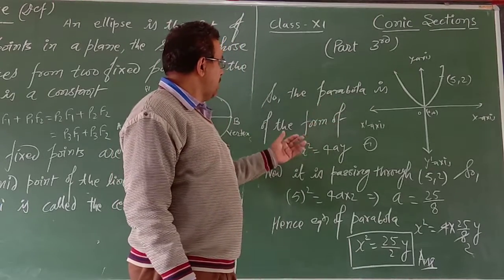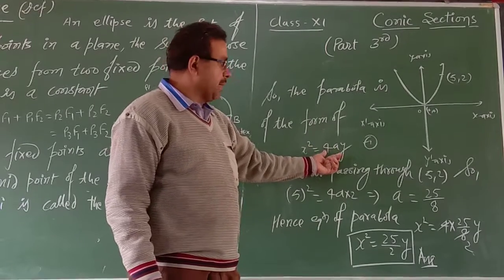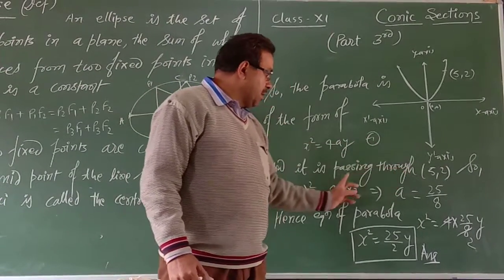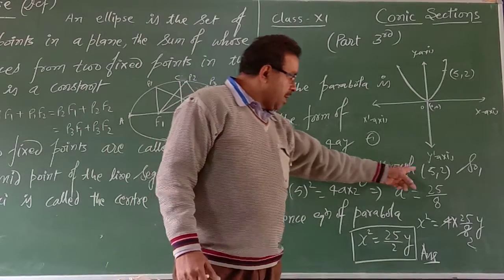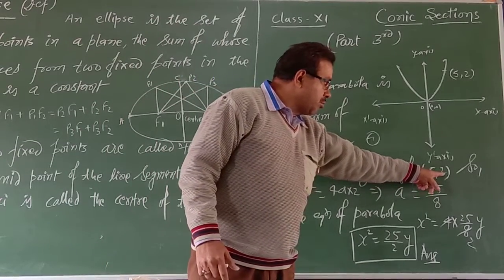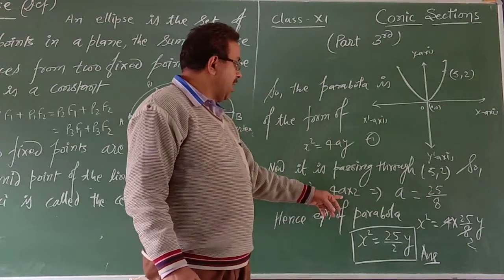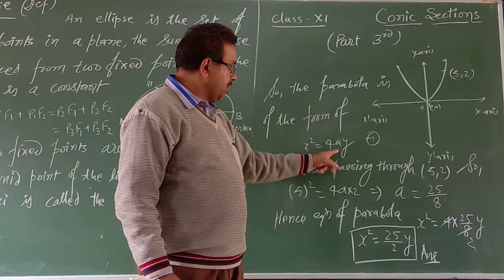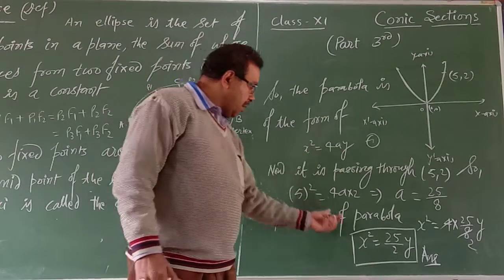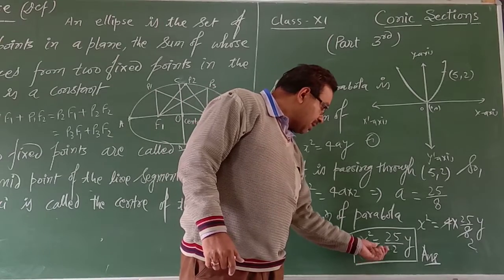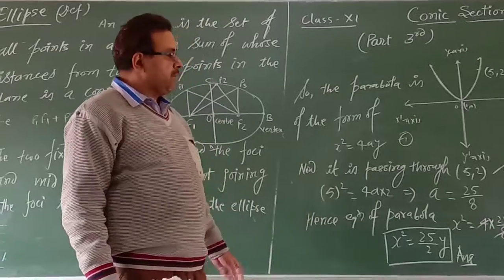So, the parabola is of the form x square is equal to 4ay, and as given it is passing through 5, 2. So putting the value of x equal to 5 and y equal to 2, we get the value of a equal to 25 by 8, and putting the value of a in first equation, we get the required equation of the parabola x square is equal to 25 by 2 y. It is the answer of this question.